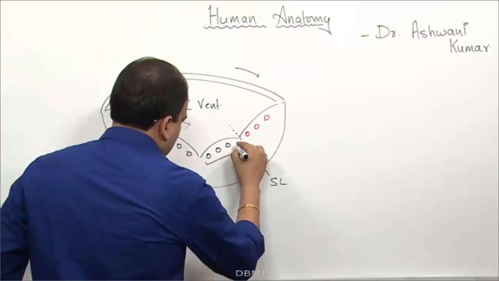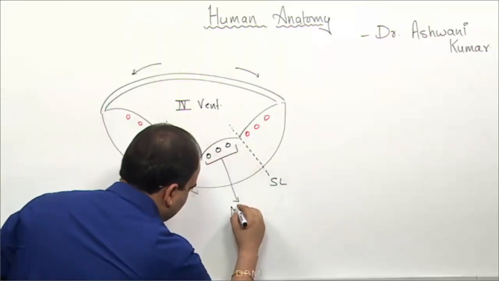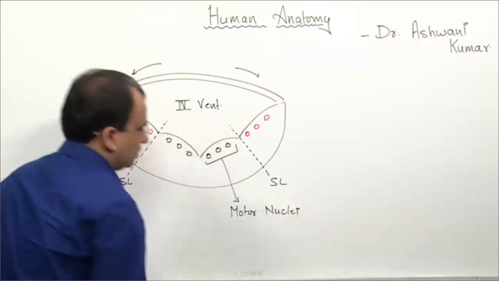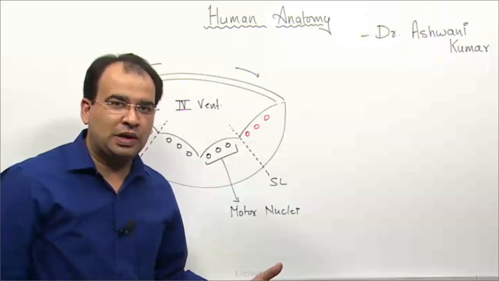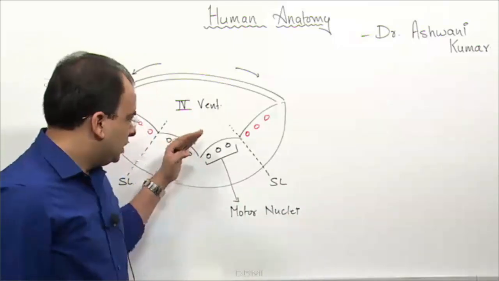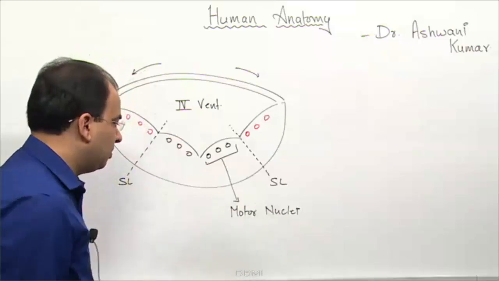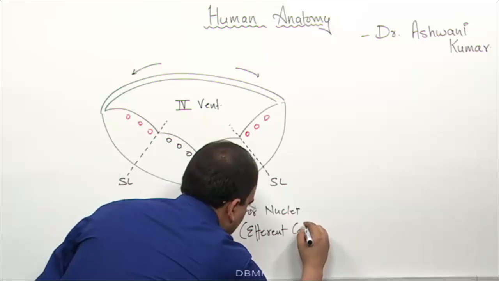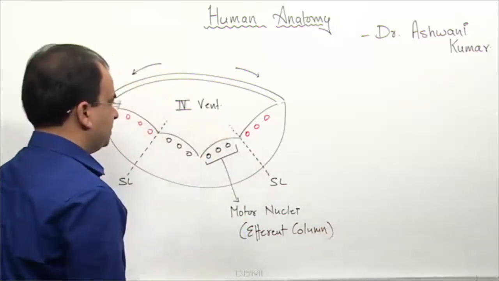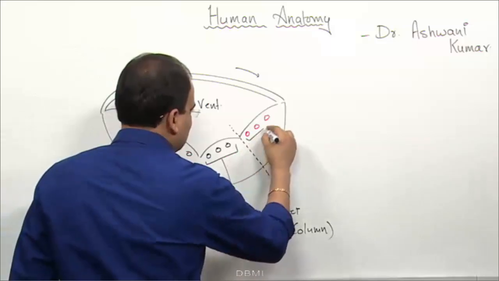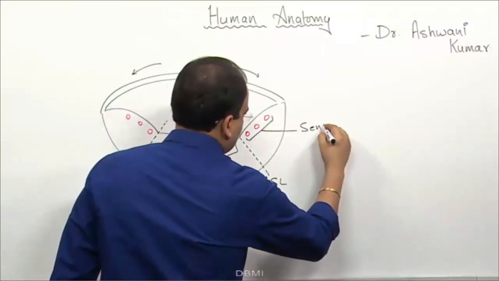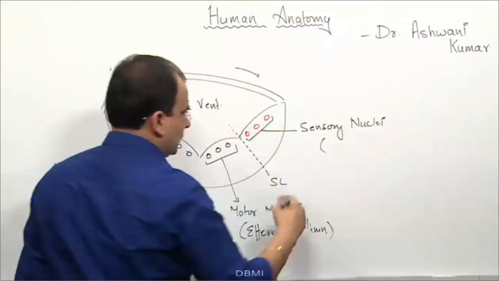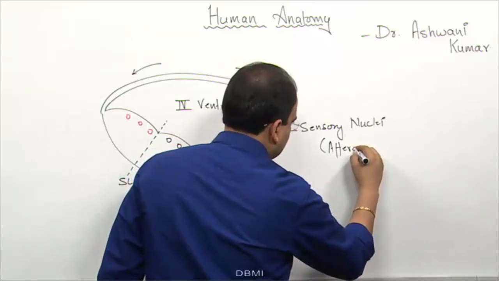All these are the motor nuclei, I should say it's a set of the motor nuclei, so we call them the motor column or the efferent column. Whereas all these are the sensory nuclei which are present in the afferent column or the sensory one.